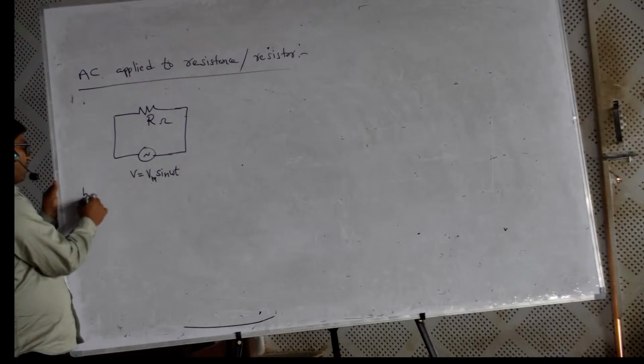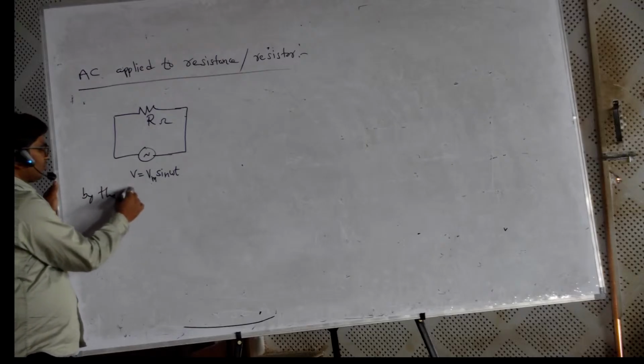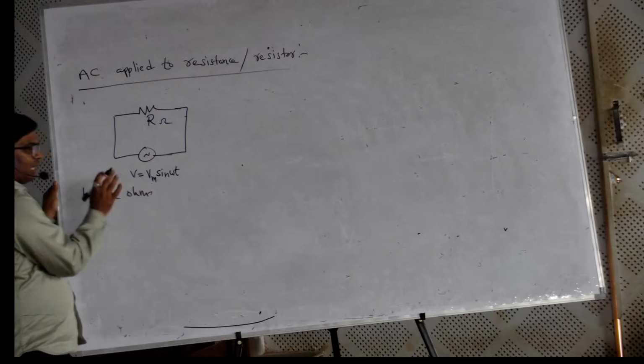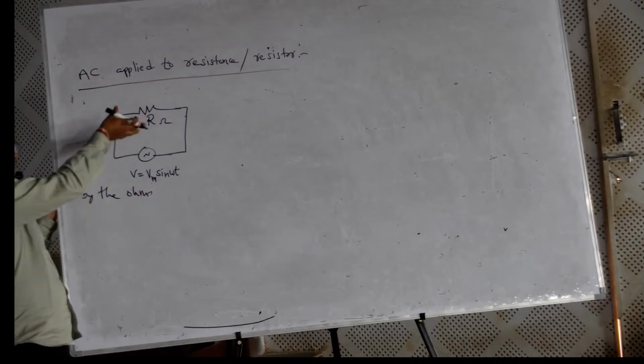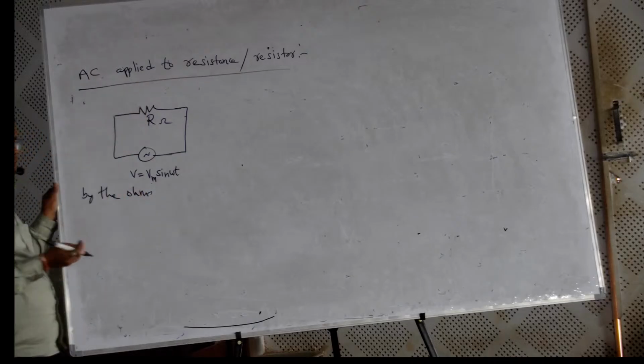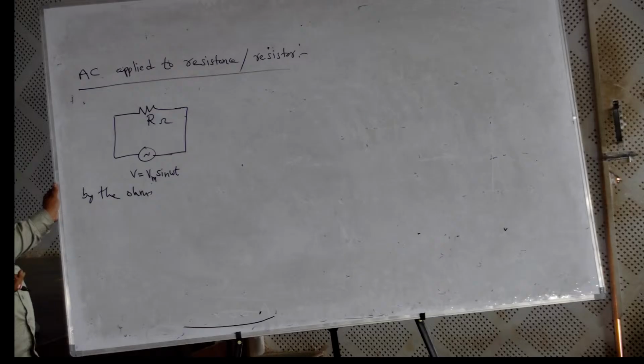So by Ohm's law, the resistor is represented. This element is invented by Ohm's law only. I is proportional to V, or V is equal to IR. So R is nothing but resistance.